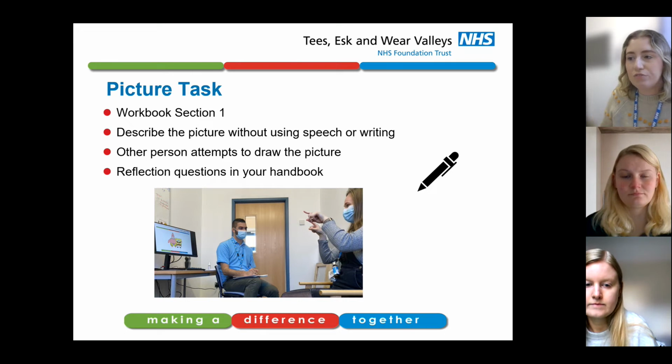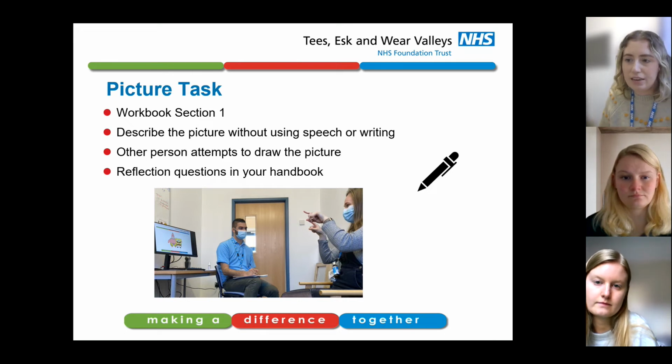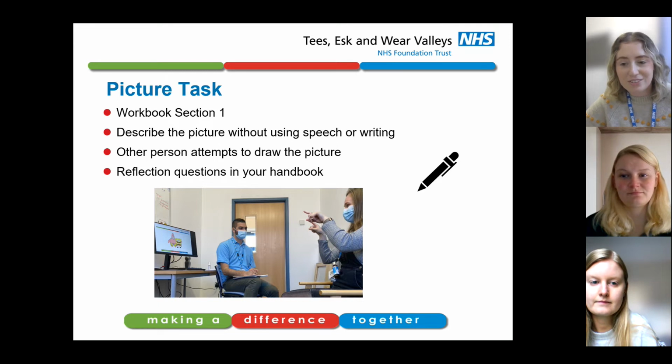So we've got an activity here. With this, it's in the workbook in section 1. And we're going to be thinking about how you would describe a picture without speaking, without using words, or writing it down. So it can be a little bit of a daunting task maybe at first, but you're doing it in pairs. So yeah, try and share that responsibility.